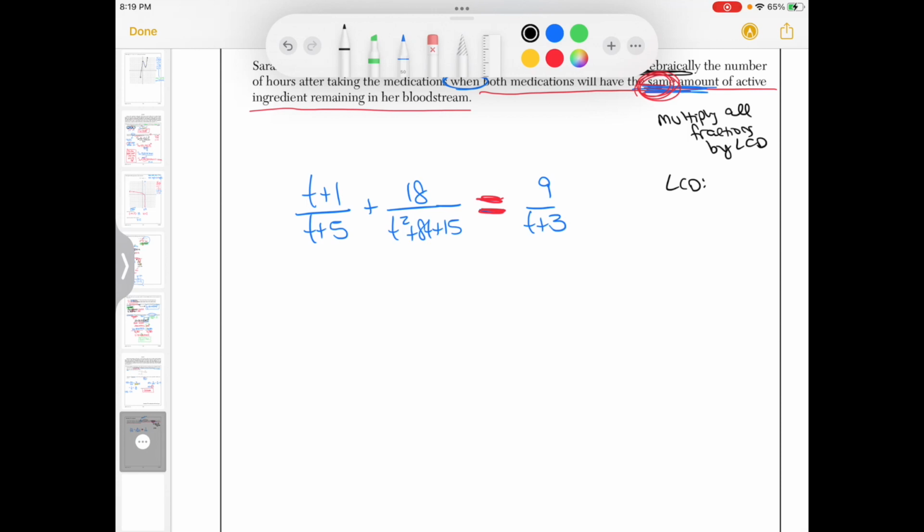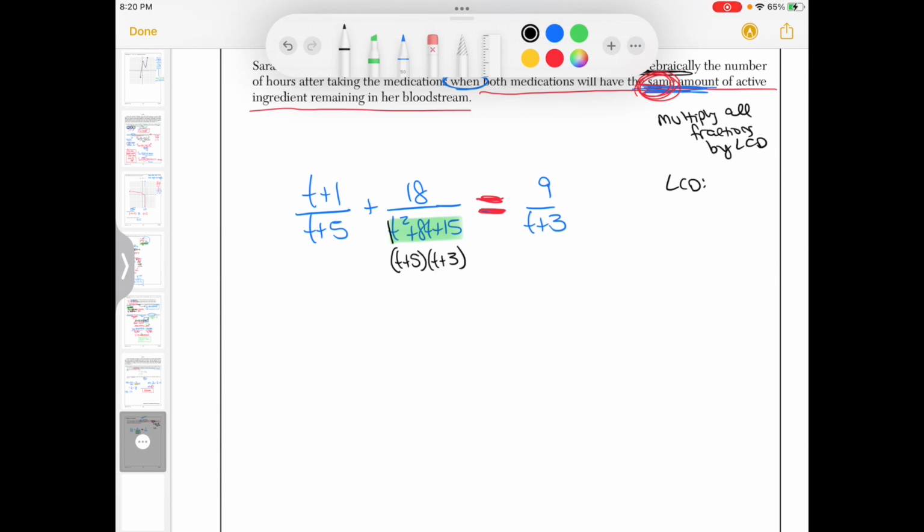So the overall idea of LCD is it takes a little bit of all of the denominators. This one has T plus 5, this one's blah, and this one's T plus 3. I don't want all of that. That is a nightmare. If anything is factorable, you want to factor it first. If I factored this that I just highlighted in green, it is an easy trinomial, so I need to figure out what multiplies to 15 and adds to 8. It's going to be 5 and 3.